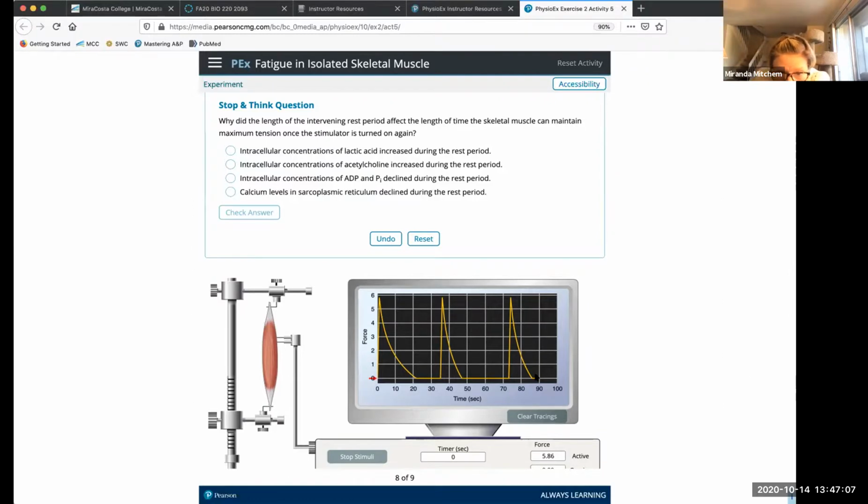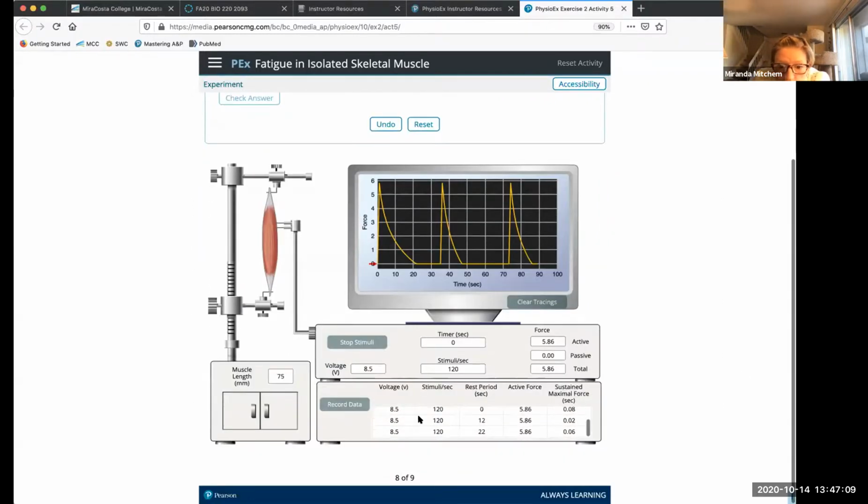So let's look at the data. Our rest period of 0, our active force is 5.86 with a sustained force of 0.8. With a 12-second rest period, it's basically the same active force, but when we have a longer rest period, we have a longer sustained maximum force.